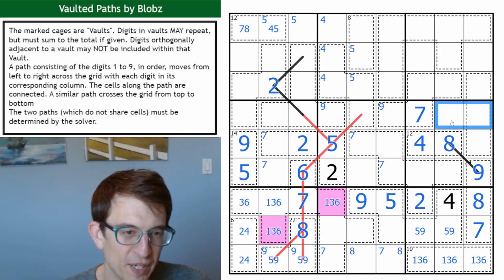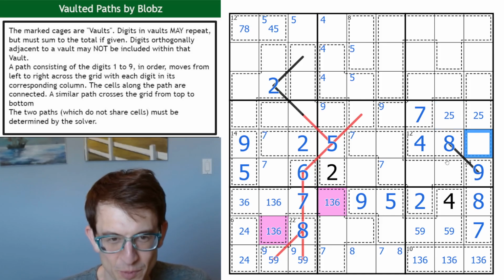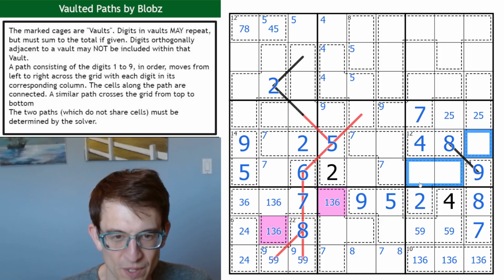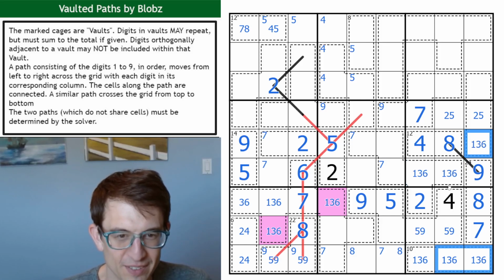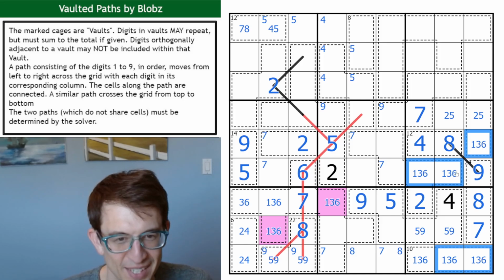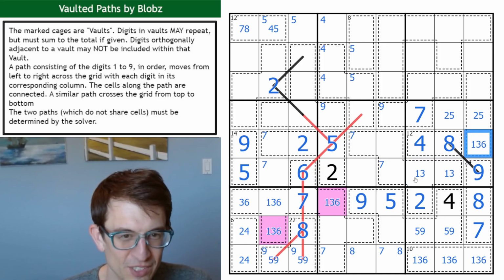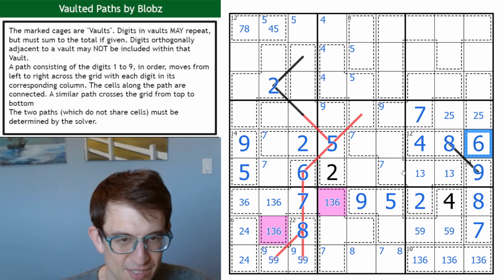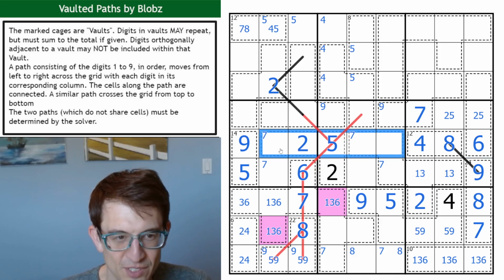Oh, this is a 2-5 pair by Sudoku. Probably should do more Sudoku. What are these digits? 1, 3, 6, which is kind of... those aren't 6. There we go. Just do Sudoku. Just do Sudoku. That's a 6. These digits are 1, 3, 7.